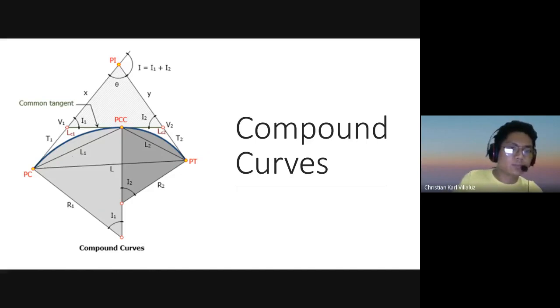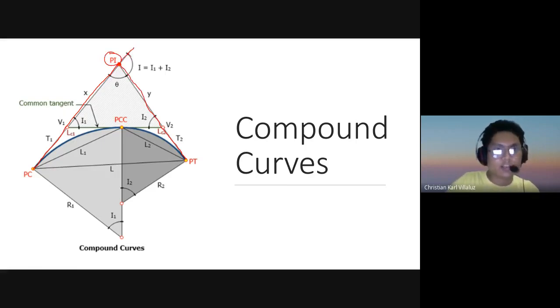So dito lang naman, may mga additional parts lang naman tayo. All we need to do is extend that tangent here and the tangent of the second curve para maka-form ka ng panibagong point of intersection.